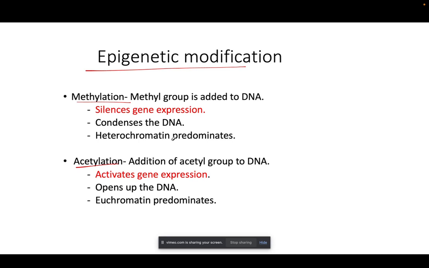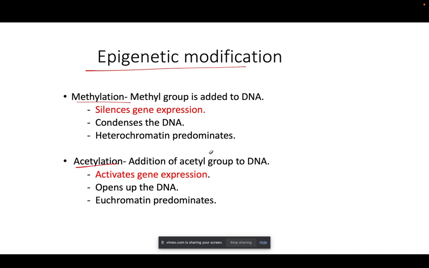And as you can see here, we did not change the DNA sequence. All we did is change the packaging of the DNA. We will talk later in this slide about how others actually increase the expression. Okay, so we did not change the sequence. All we did is change the packaging.